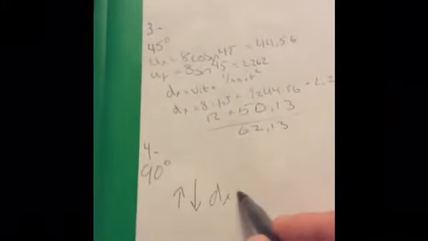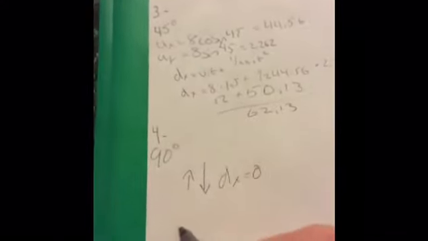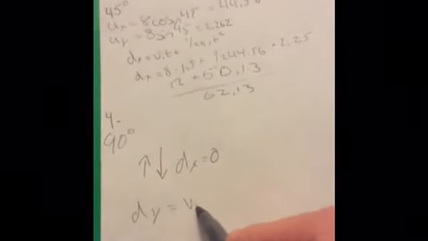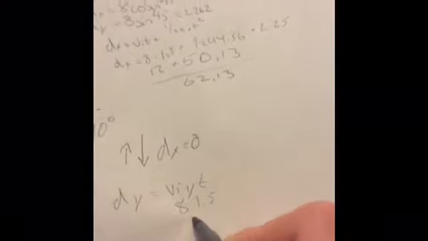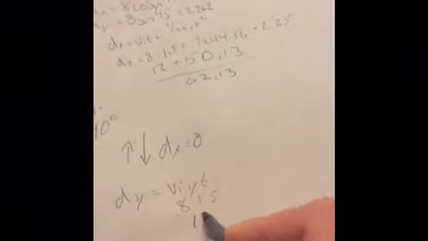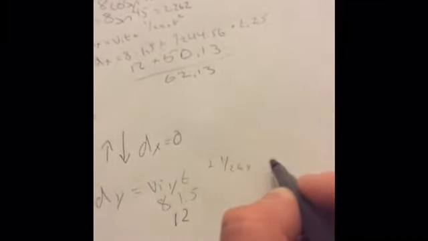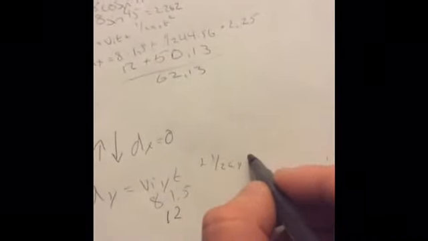So dx will in fact equal 0, but we can find dy. dy will equal velocity in the y direction, which is 8 times 1.5, which will be 12, plus 1/2 ay t squared.